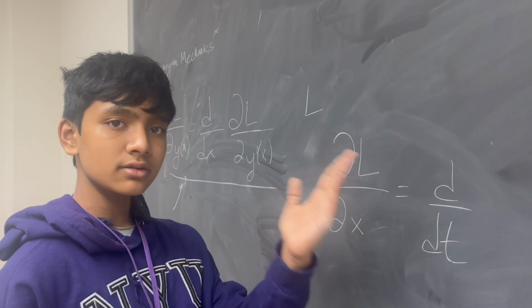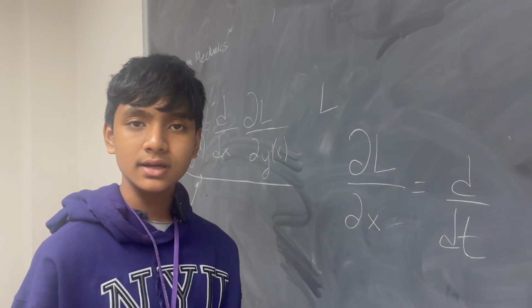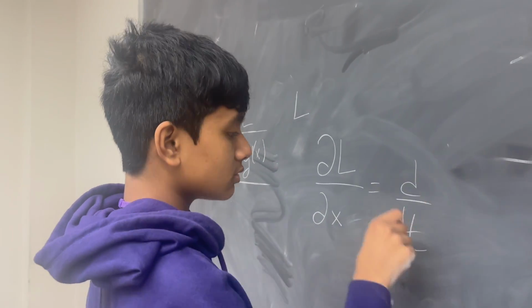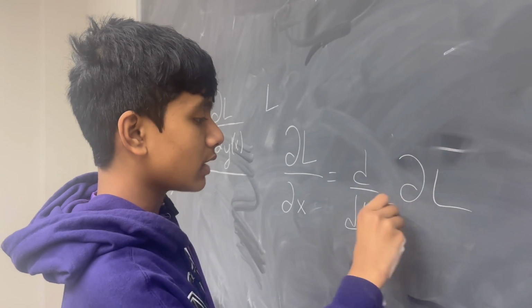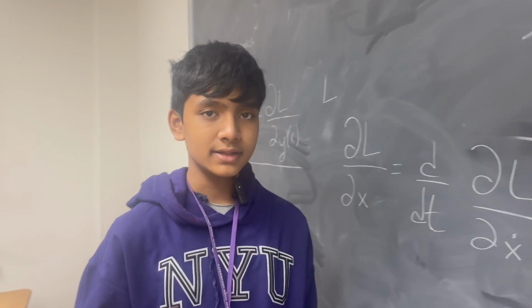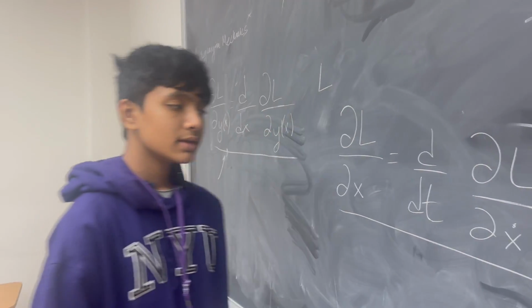Sometimes this could be angle and this could be time. Sometimes this could be angle and this could be position. It really depends on what scenario you're looking at. So then you have d dt, partial L, partial x prime of t, which you can sometimes write as x dot. So this is the equation that we have.